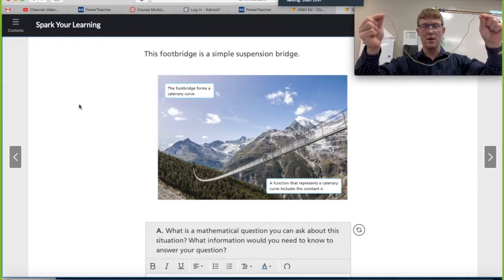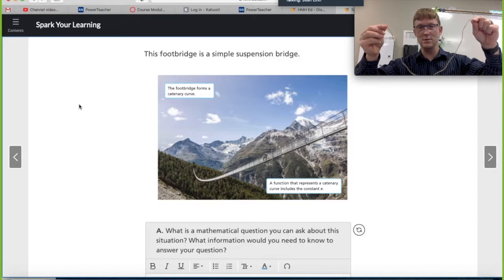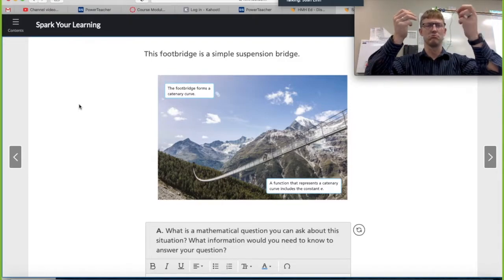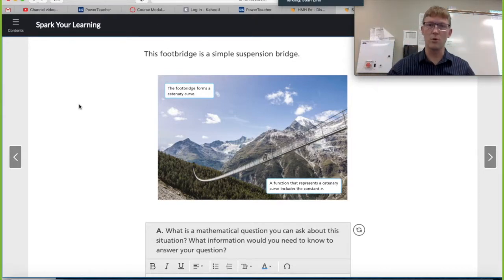You can make catenary arches, like the St. Louis Arch, which is just this curve flipped upside down. Okay, well, my rope doesn't do that. But that's what they're talking about with a catenary curve.